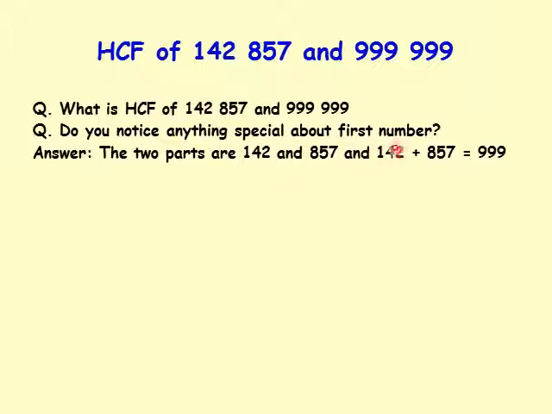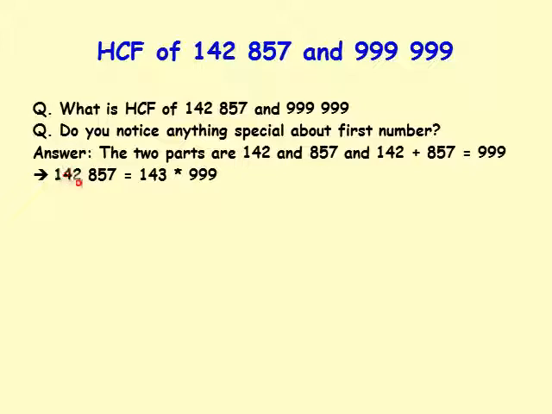If I add these two, I get 142 plus 857, which is 999. So this is a sequence of 9s, three 9s.